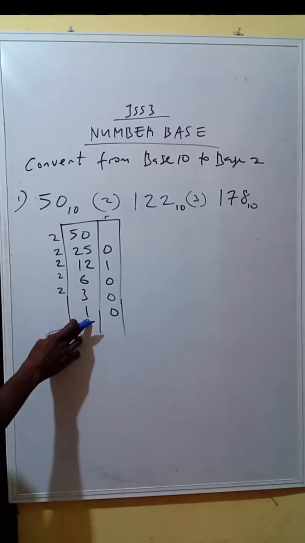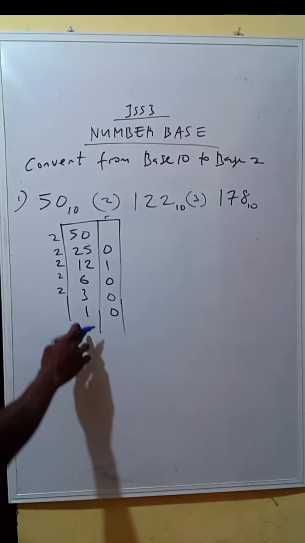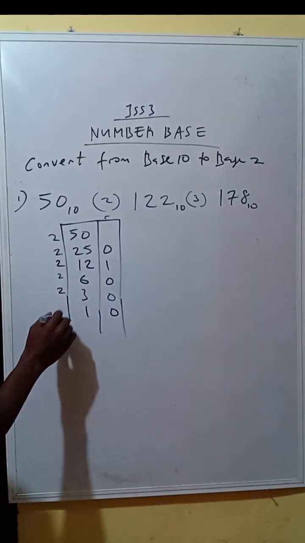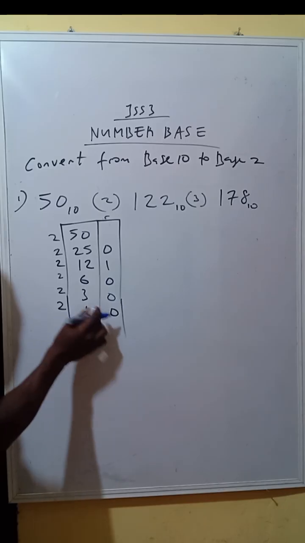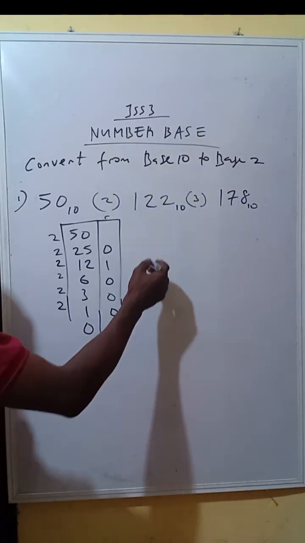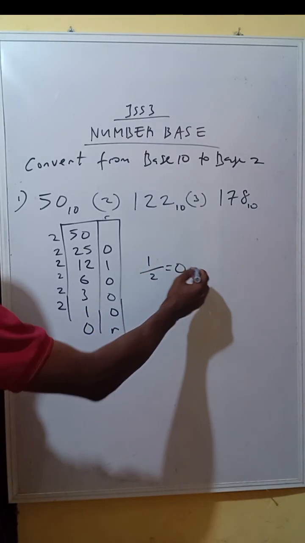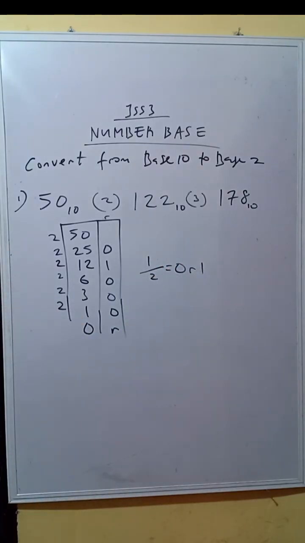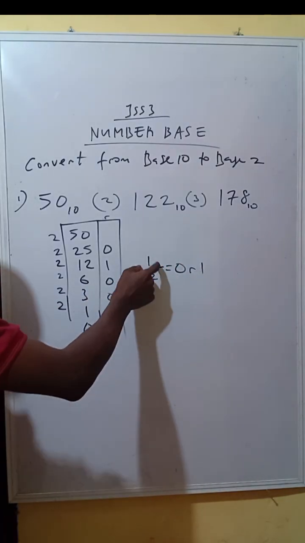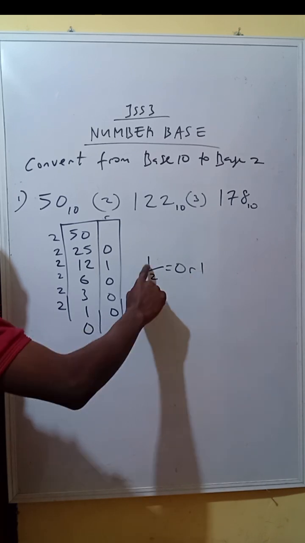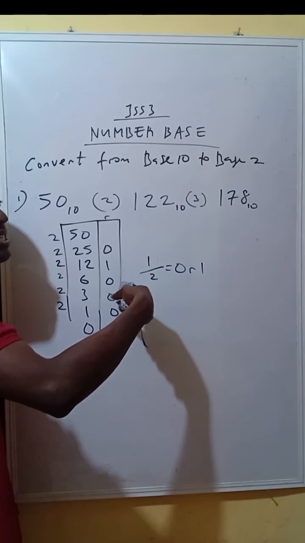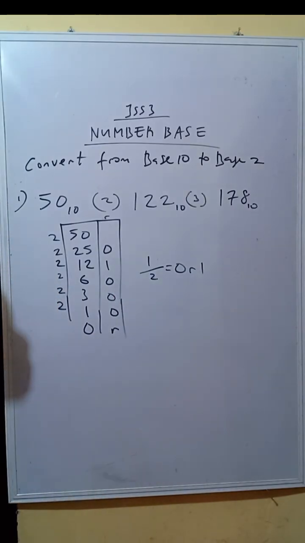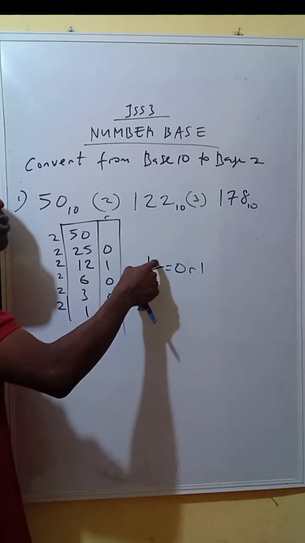Now, you will not stop when you get to 1. You will divide till you get to 0. Now, we can still divide 1 by 2. If we divide 1 by 2, we have 0, remainder 1, because 1 is less than 2. 2 cannot divide 1 exactly without a decimal point.